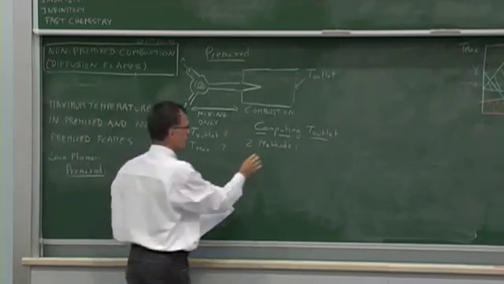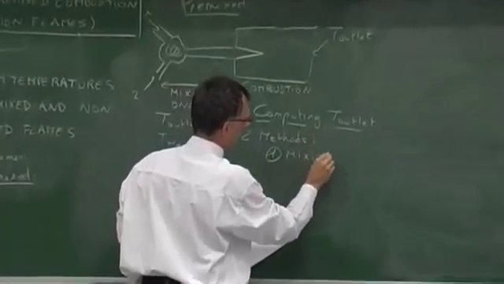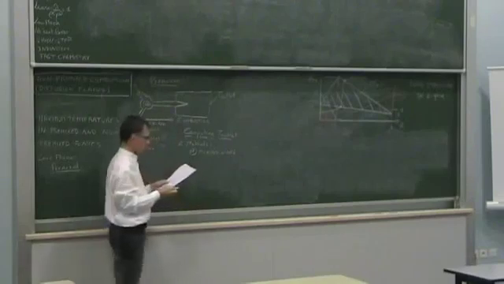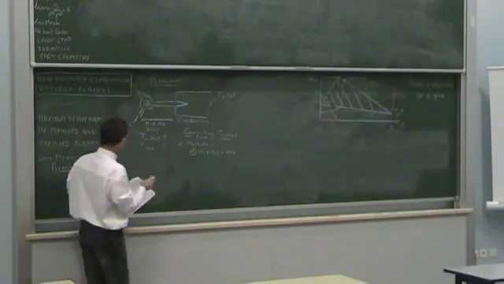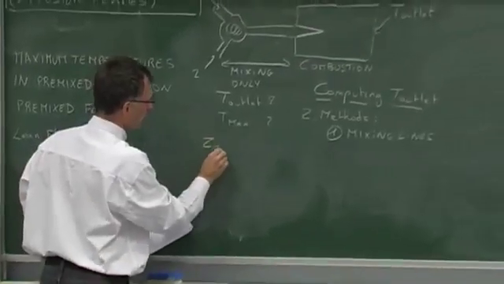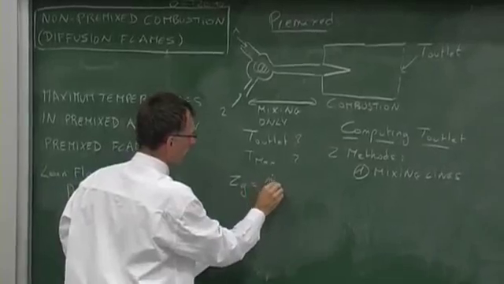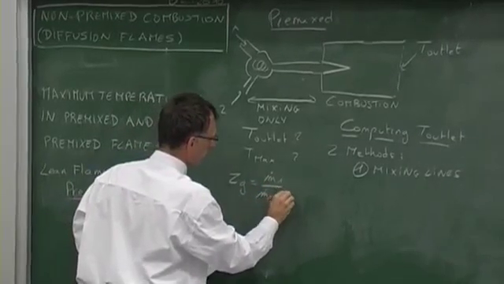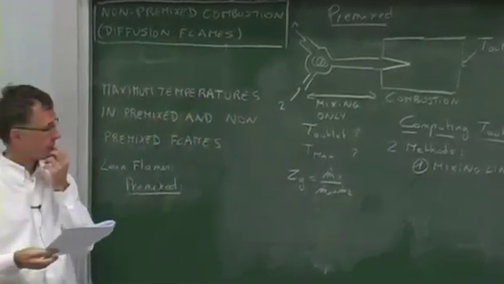So the first method, method 1, is using mixing lines. And this is the method I have already shown. So typically, if you use mixing lines here, you're going first to compute the global mixture fraction, which is going to be m.1 divided by m.1 plus m.2. This is the global mixture fraction of your burner.